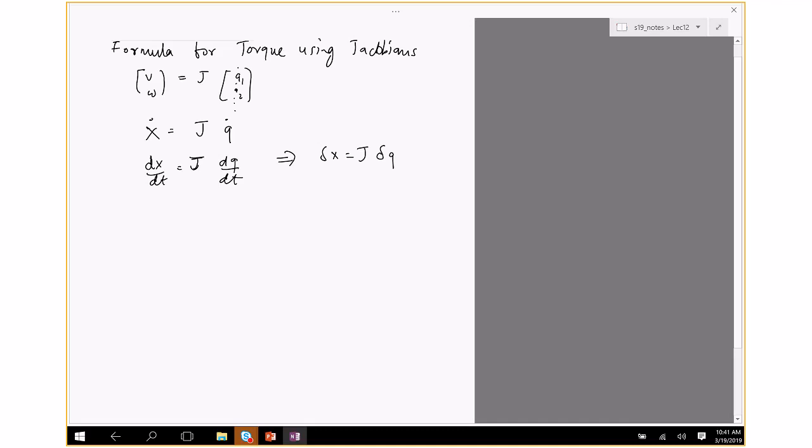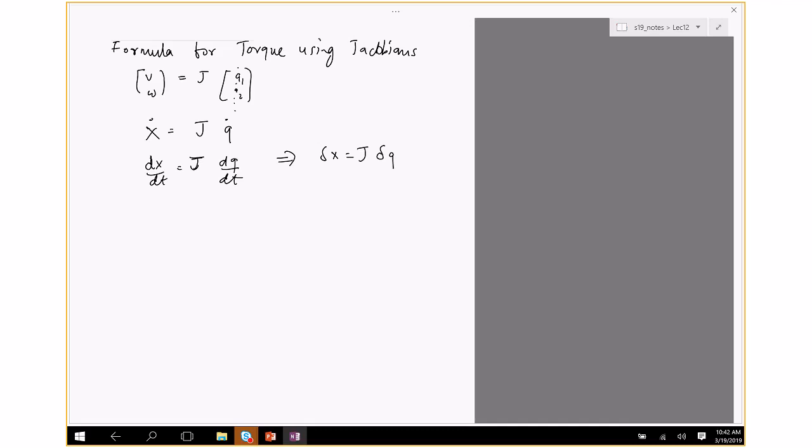So a small change in q, which is basically a small change in the motion of the joints, stored in delta q, will lead to some change in the motion of the end effector, which is x, and that is related through J. That's what this formula tells.